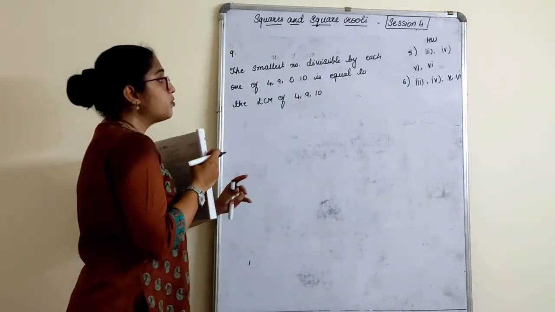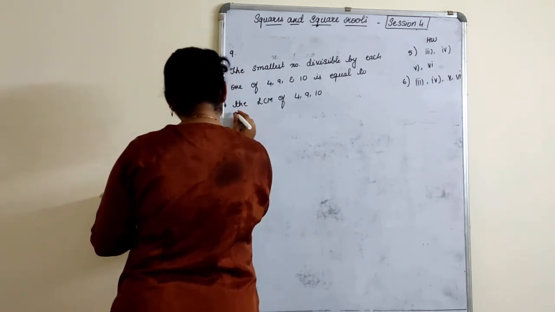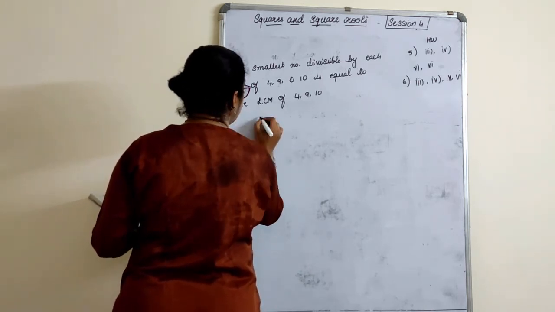Means the smallest number is equal to the LCM of these numbers. That means find the LCM. So LCM we will find here.